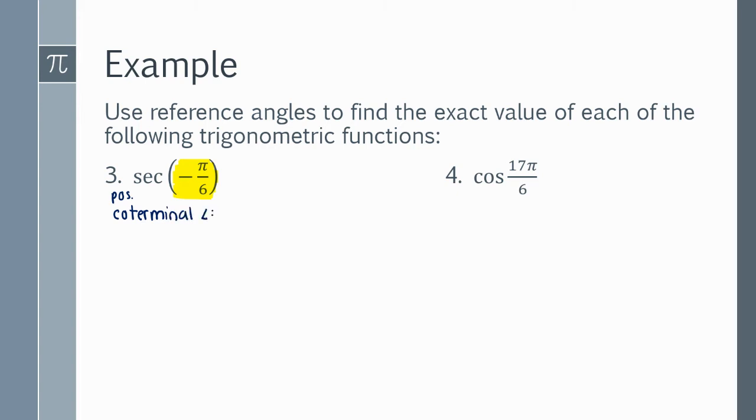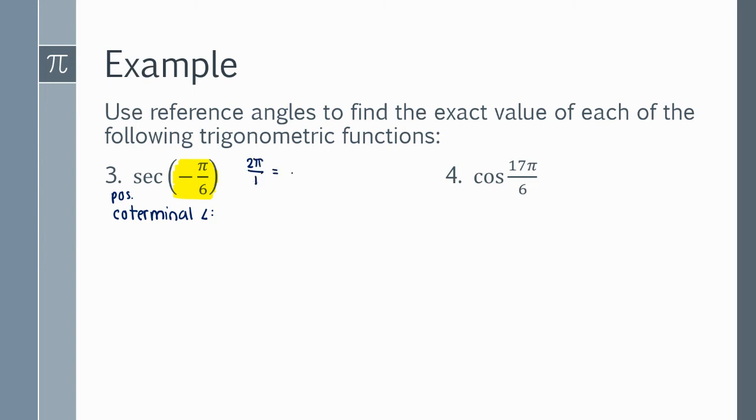And remember, to find a positive coterminal angle means that you are either adding or subtracting 2 pi or 360 degrees. Because we're talking about radians, I want to figure out 2 pi in terms of that denominator.